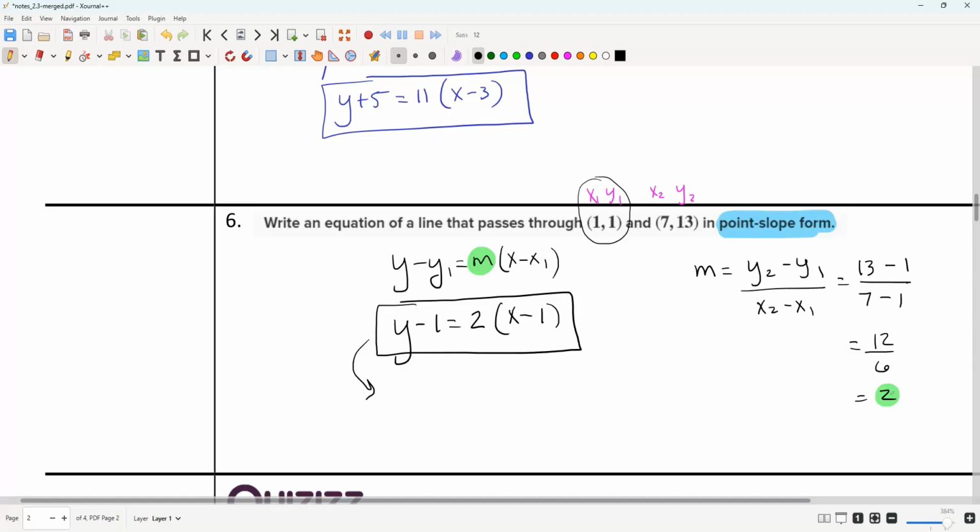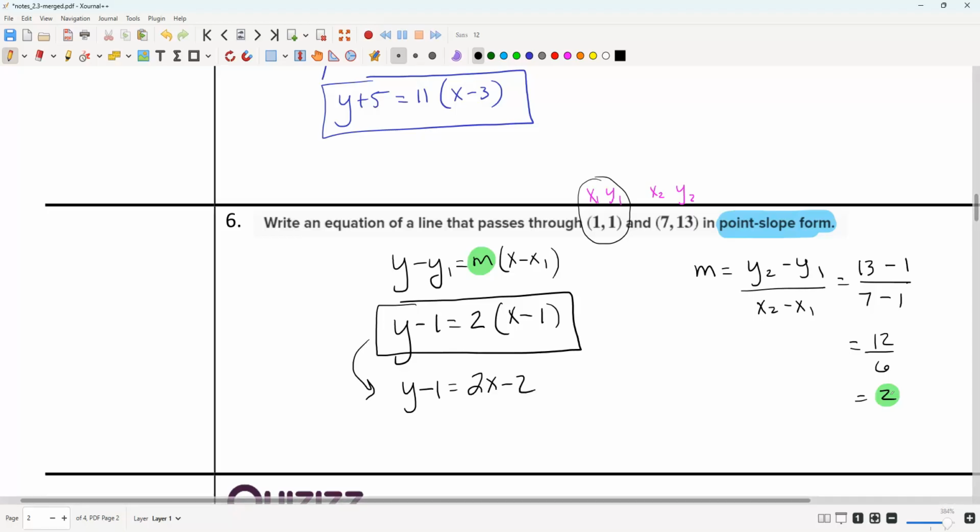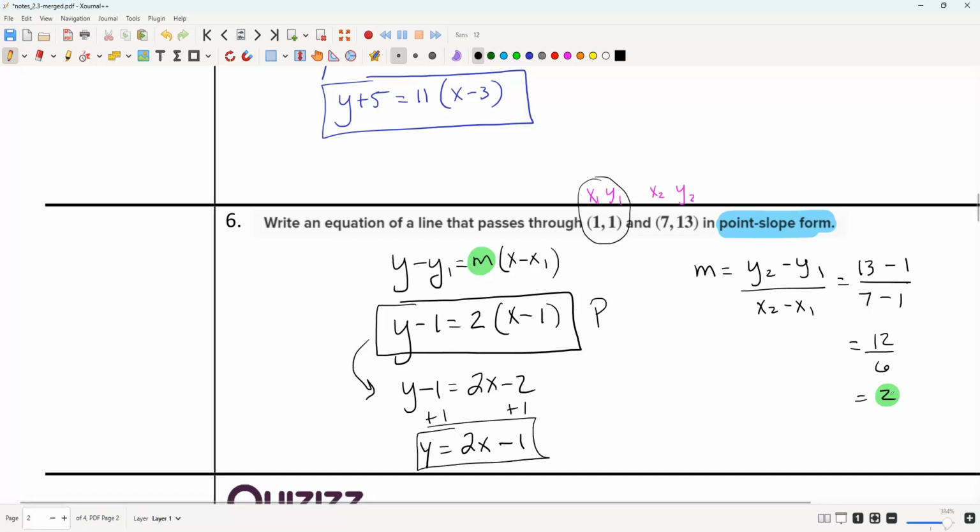If we had this and I wanted to change it, I would say this is going to be 2x minus 2. I would distribute that 2 out, and then I could add 1 to both sides, and I would have 2x minus 1, and that would be our slope-intercept form. So here's point-slope form, and then this is slope-intercept form.